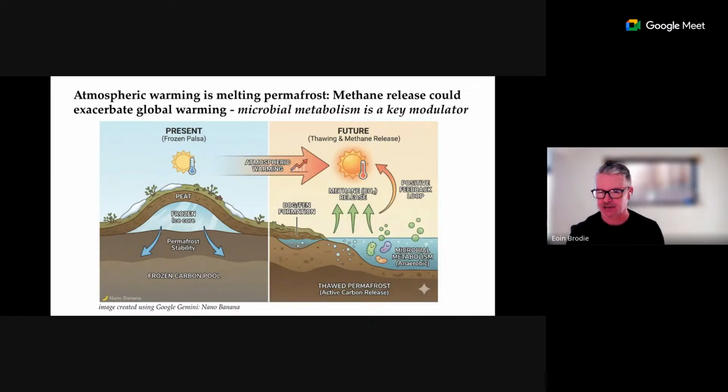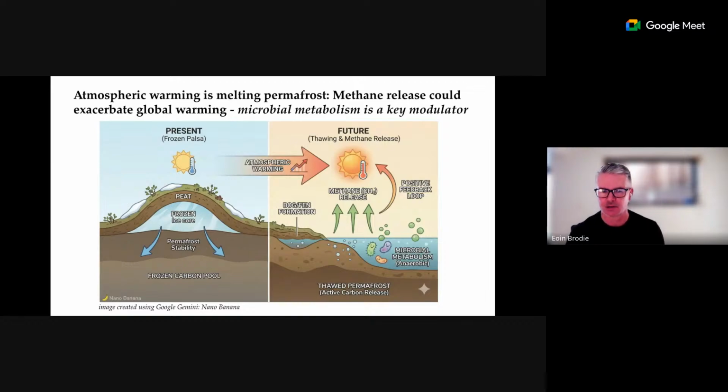And that promotes the activity of anaerobic microbes like methanogens and fermenters. Fermenters produce the raw materials that methanogens need. Methanogens take those, like hydrogen and carbon dioxide or acetate, and they produce methane. And methane is a significantly more potent greenhouse gas than carbon dioxide.